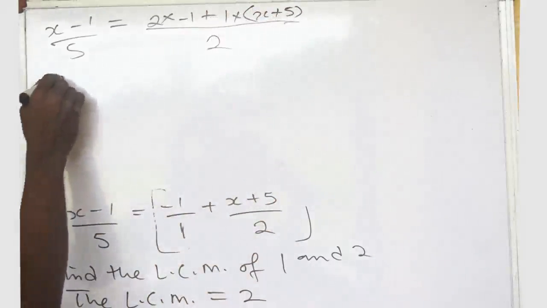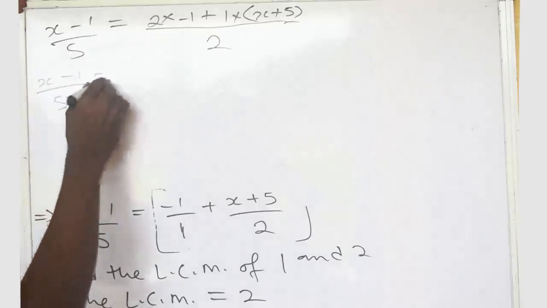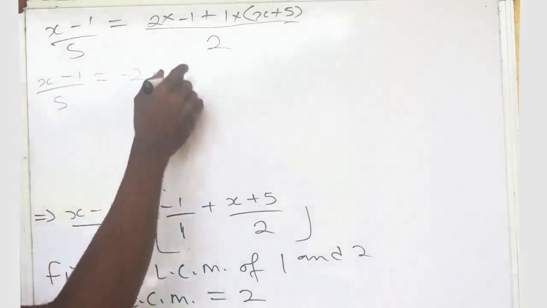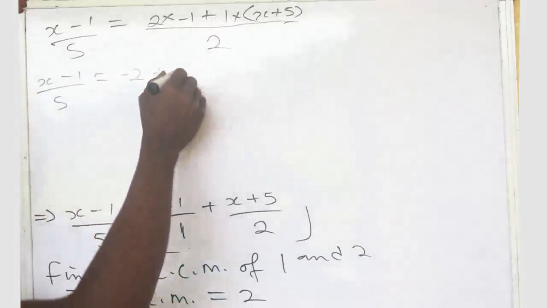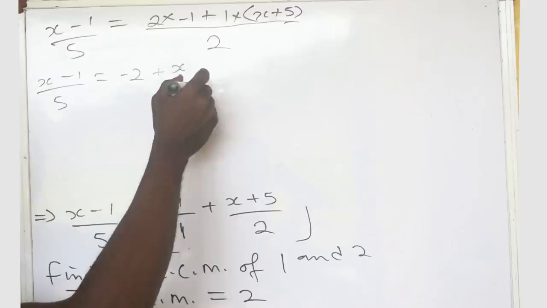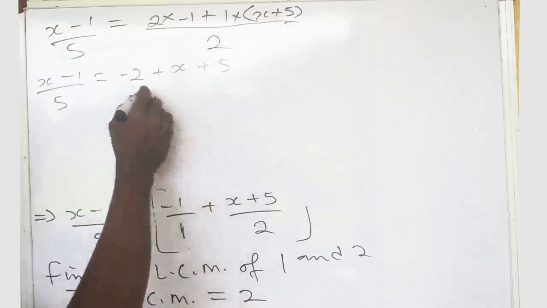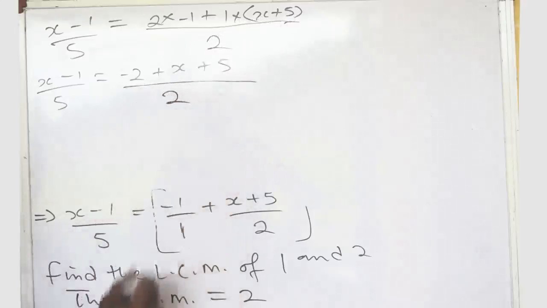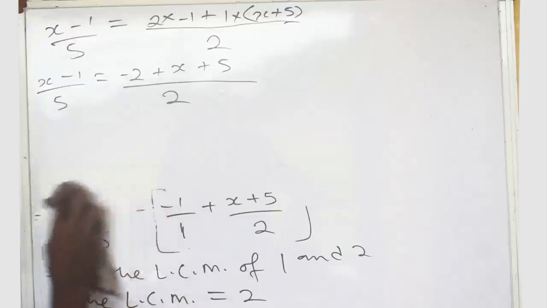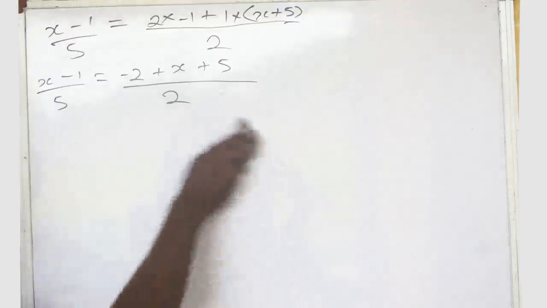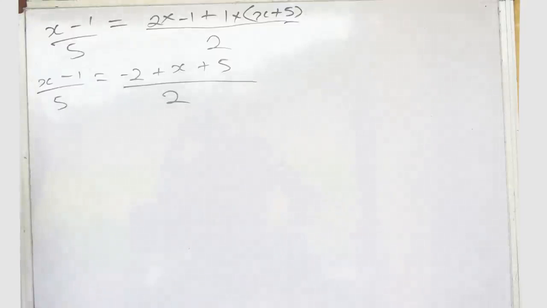So we have x minus 1 all over 5 will give us 2 times minus 1 is minus 2 plus this times this x, this times this plus 5. 1 is multiplying all this. All over what? All over 2. So let me clean up this to give more room to my writing.